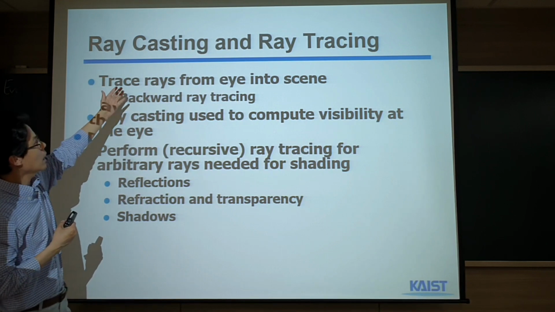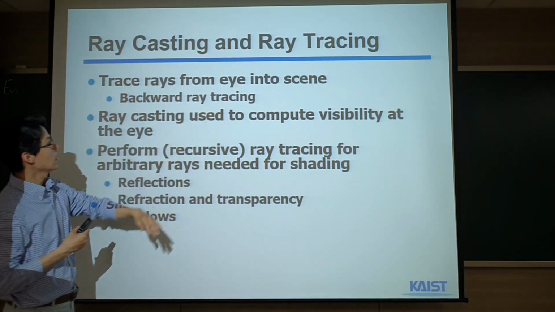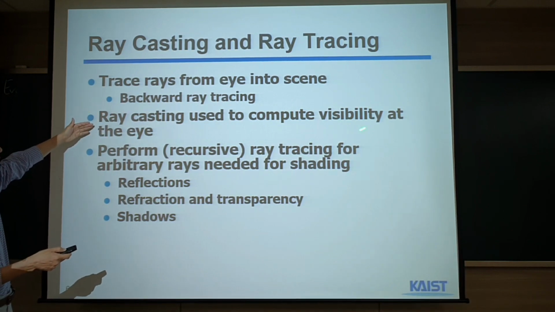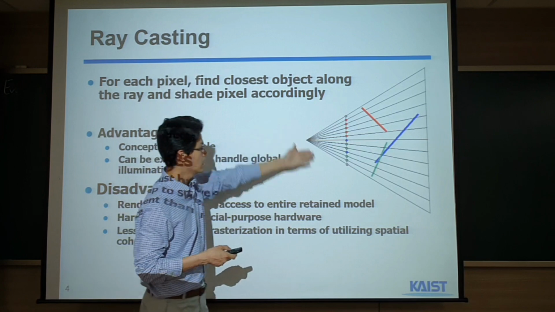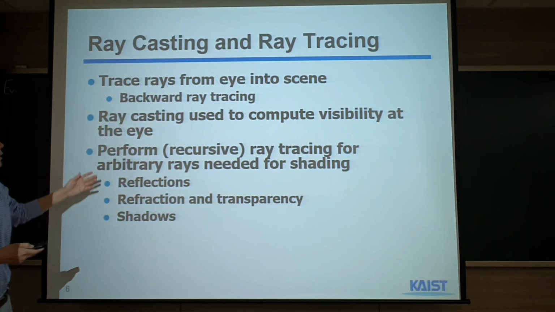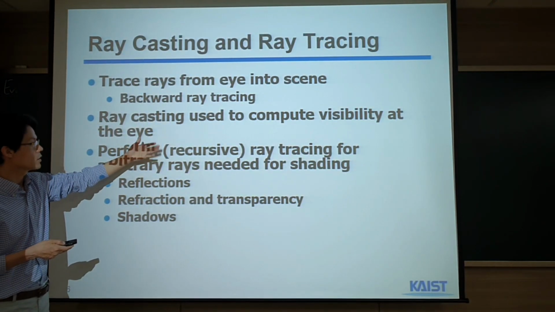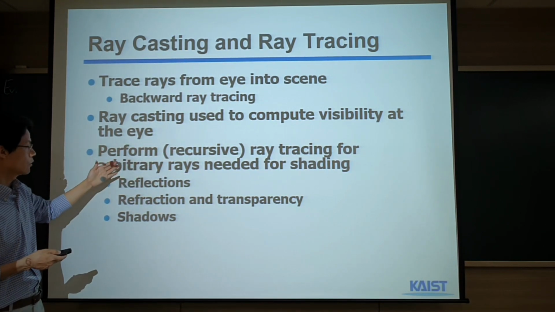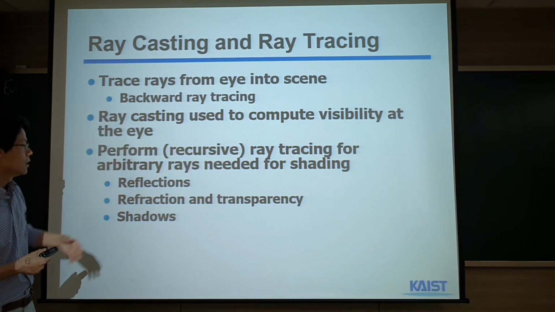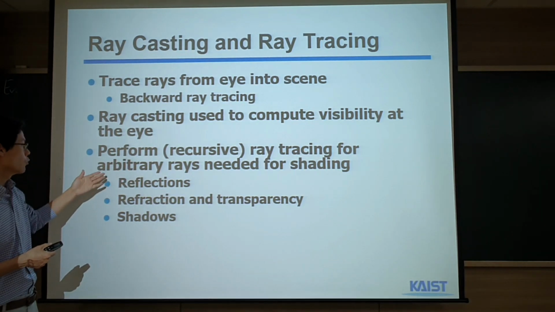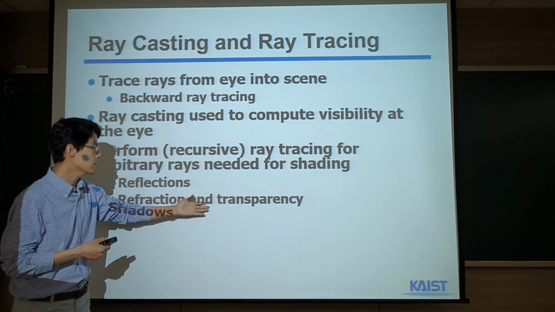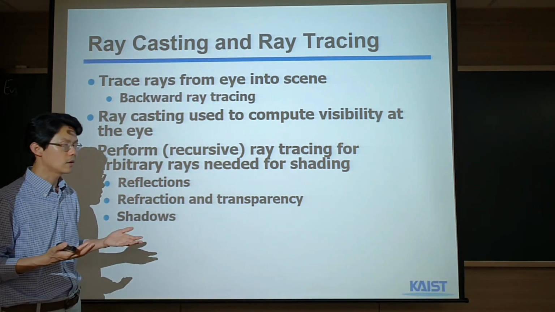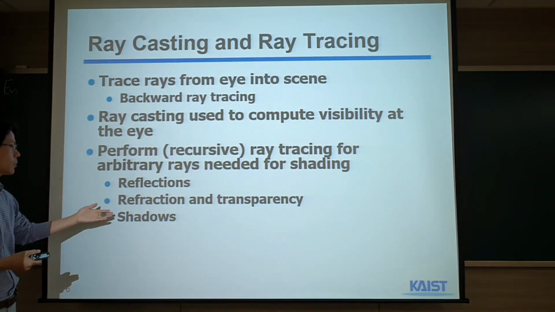We trace rays from the eye into the 3D scene, and raycasting is used to compute visibility at the eye, as we see here. And then we perform ray tracing, which is nothing but recursively performing raycasting, for the arbitrary rays needed. So we can support refraction and also transparency. This indicates that some materials are transparent, like a glass window, and we can also support shadows.